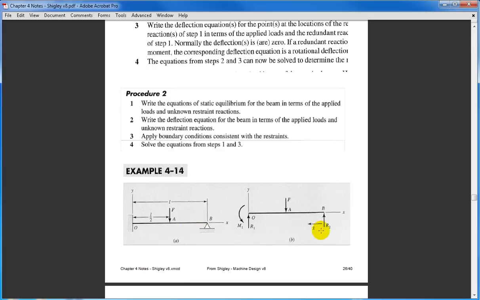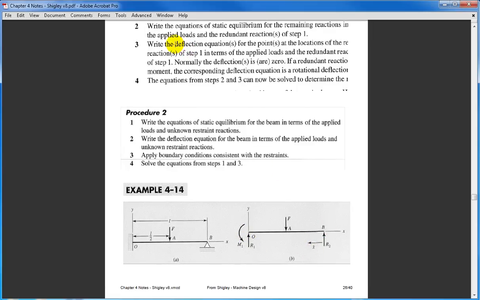That means if I pretend I know this one, I can do the statics on these and calculate these loads in terms of that load if necessary. It's not always necessary. Write the deflection equations for the location at the redundant reaction. Okay, set that equation equal to 0 and solve for the reaction.